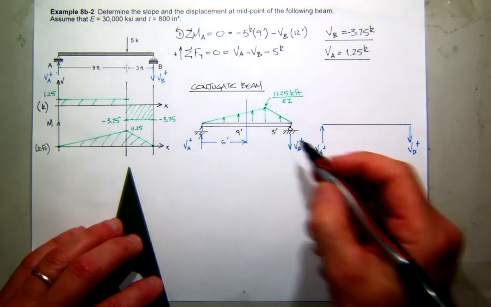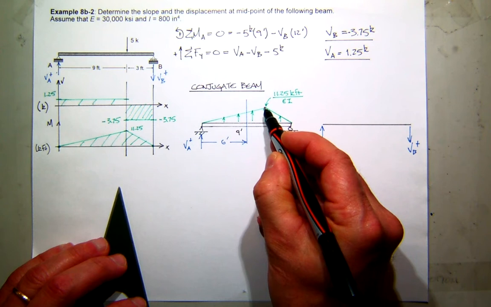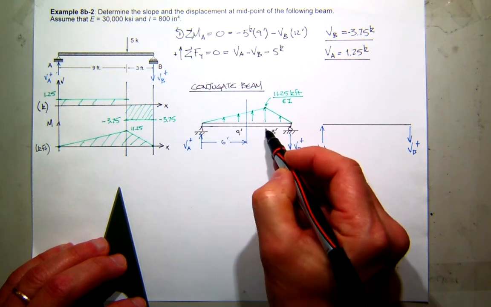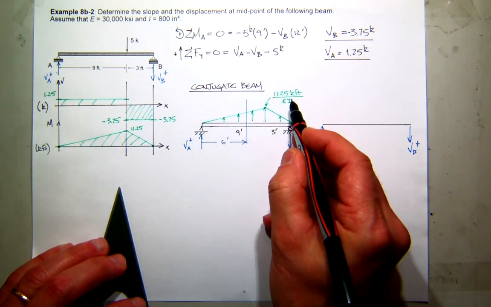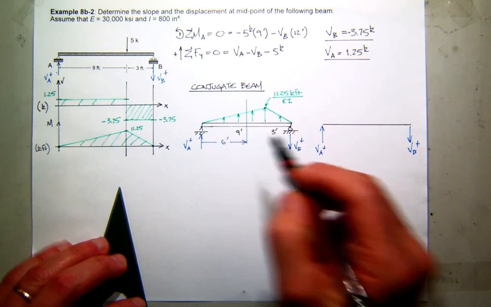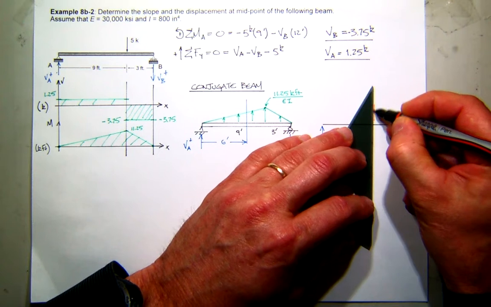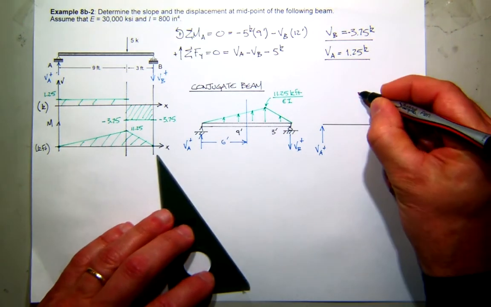And what I'm going to do is take this part of the triangular load, the triangle that has a base of 9 and a height of 11.25 kip feet over EI, and find that force. I'm going to call that force 1.